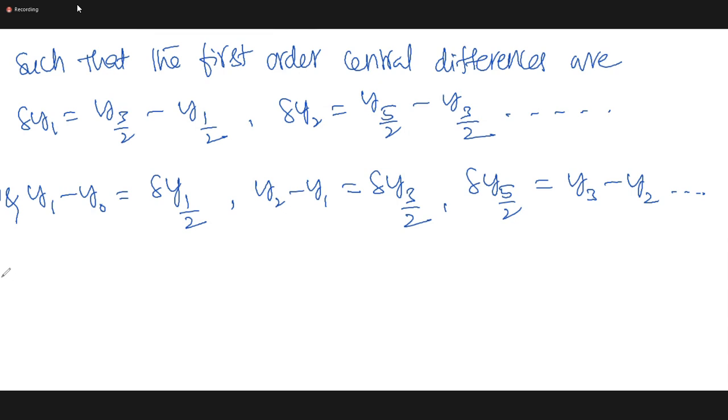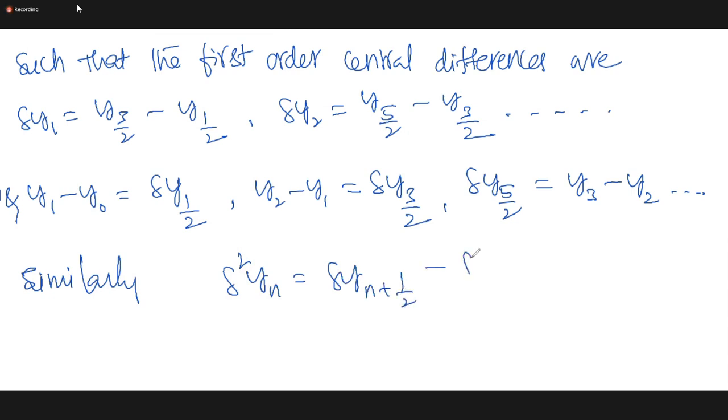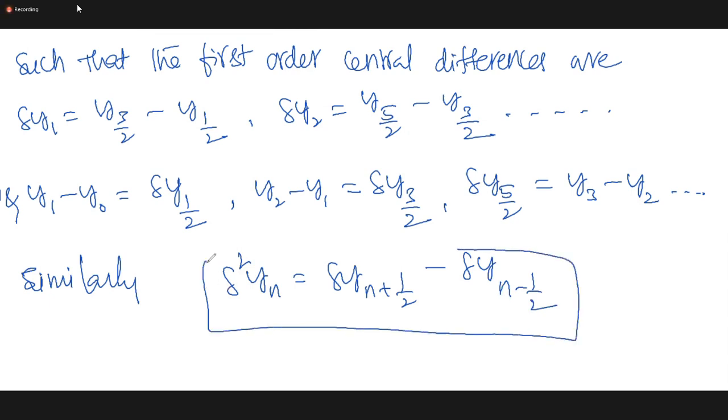Similarly, delta square yn is equal to delta y(n plus 1 by 2) minus delta y(n minus 1 by 2). Small delta y(n plus 1 by 2) minus small delta y(n minus 1 by 2).